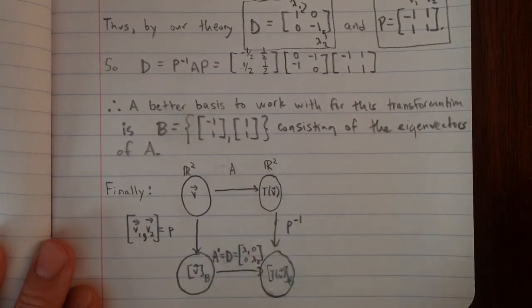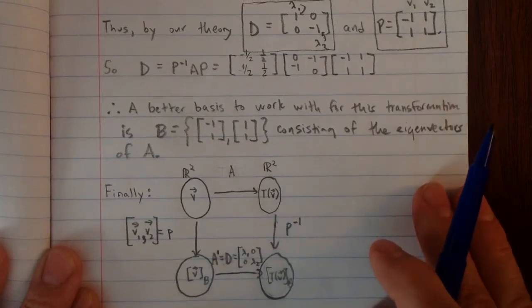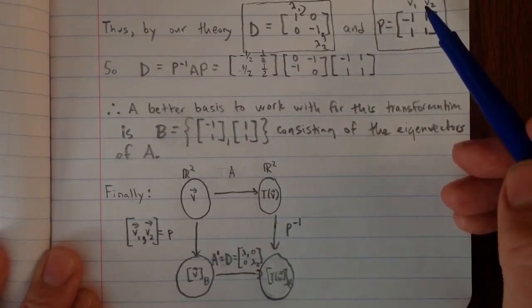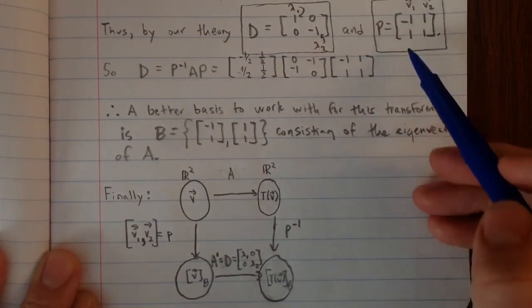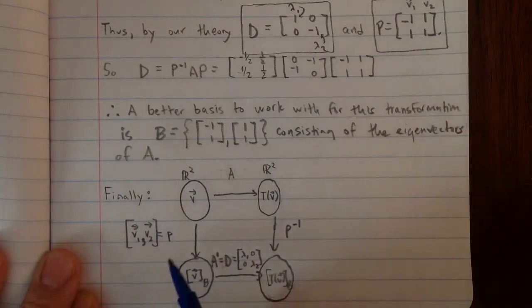However, we could find an alternate representation for that. Finding this matrix P, given by the eigenvectors here, if we multiply P by V, we will get this B coordinate vector with respect to that new basis, the one that we like to use.